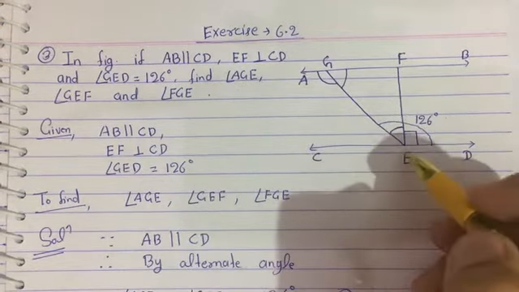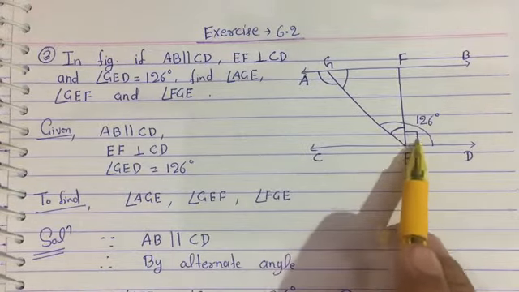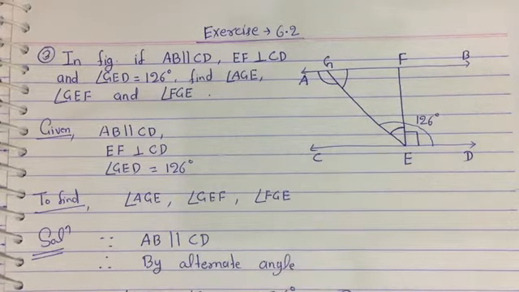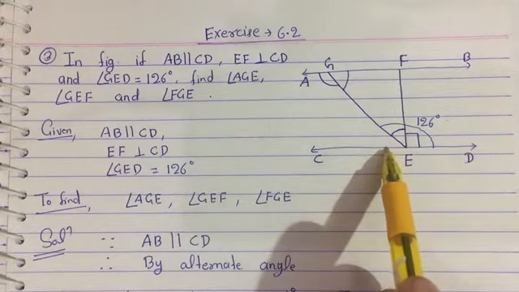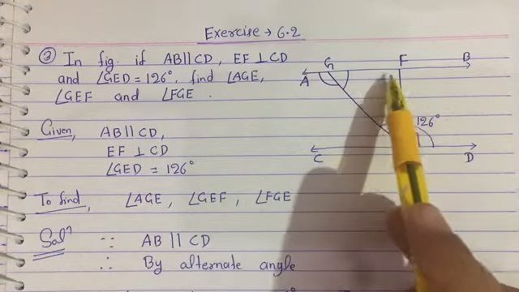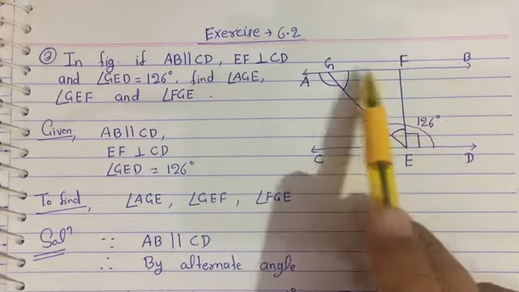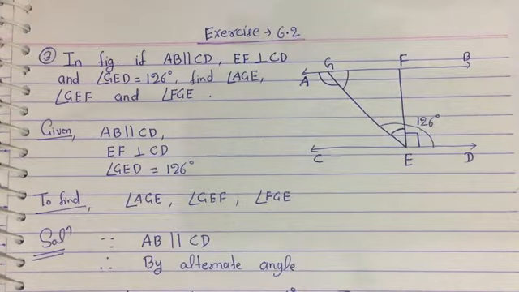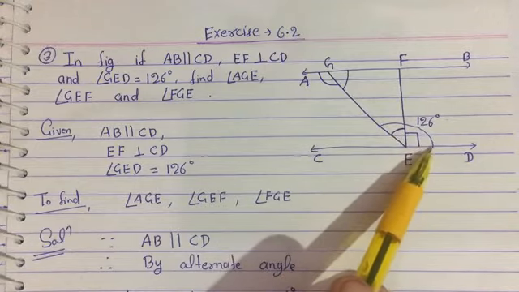It means that angle FED and angle FEC are both 90 degrees, as well as these two angles, angle EFB and angle EFG. These two angles are also 90 degrees.